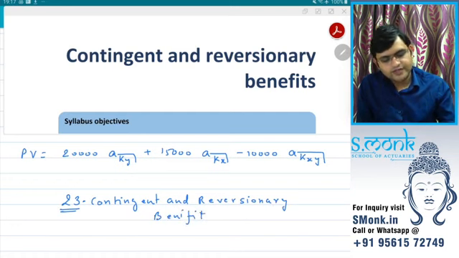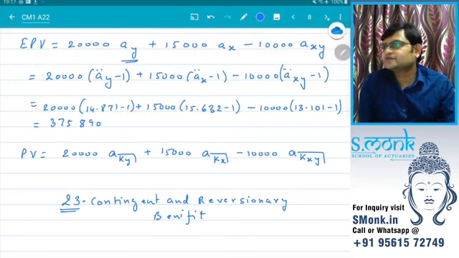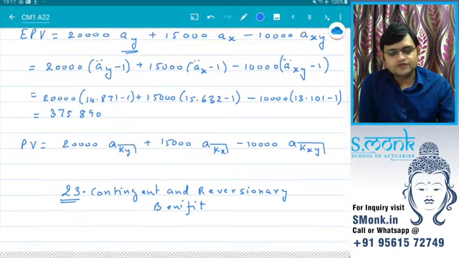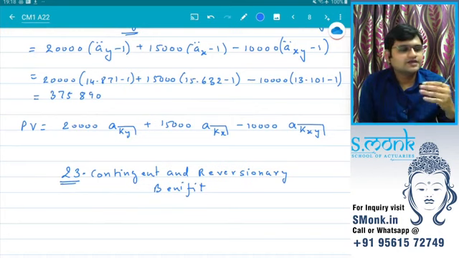So we are talking about benefits that are contingent. The word contingent just means that there is some condition applied. So if something happens, then the benefit would be given. That becomes a contingent benefit. Reversionary benefit, that means we are keeping on revising it.